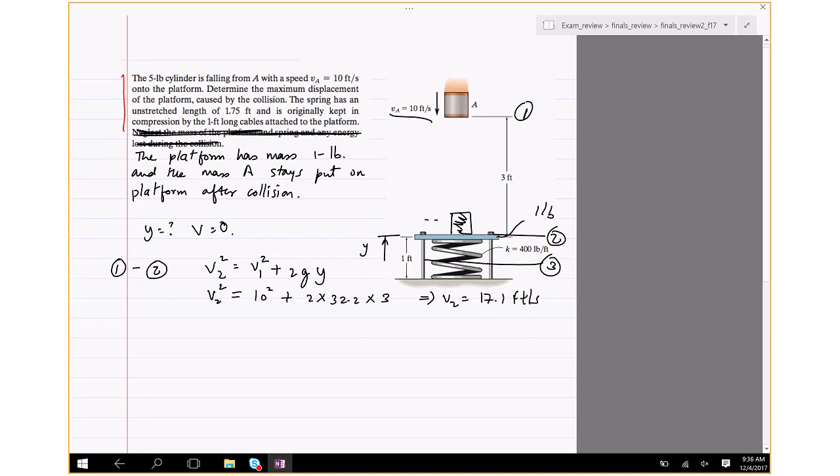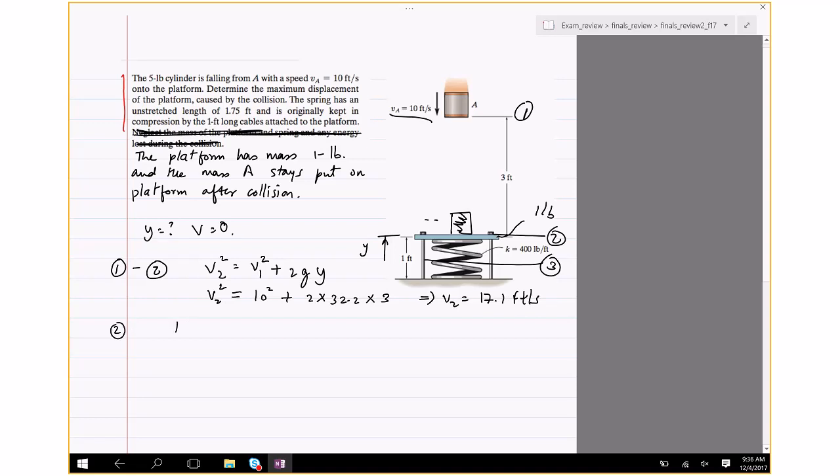We got to figure out what the velocity will be of the combined assembly when something which is stationary collides with something which is moving, here the block moving at 17.1 feet per second downwards.